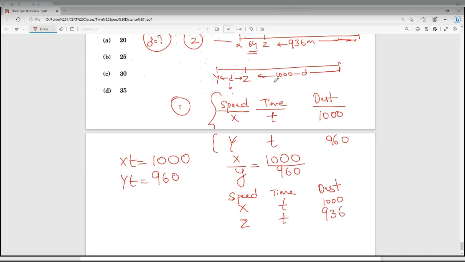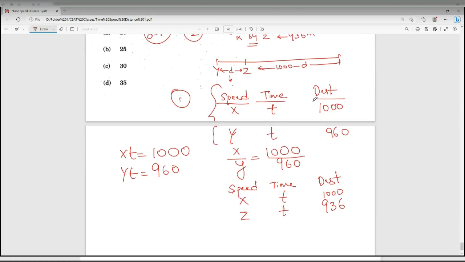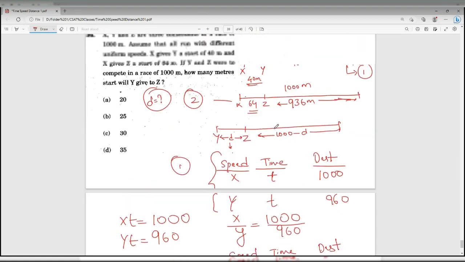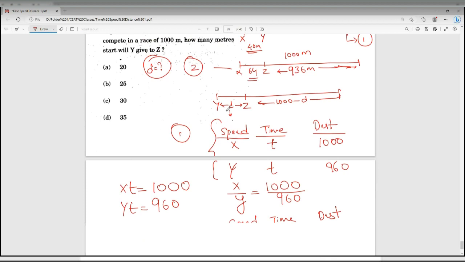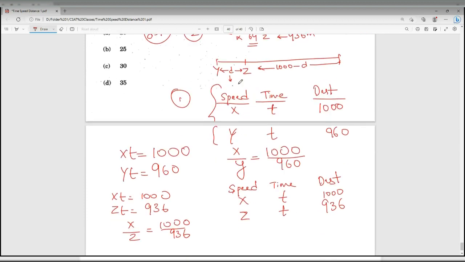So again, X into T is equal to 1000, and Z into T is equal to 936, and we have X upon Z is equal to 1000 by 936.